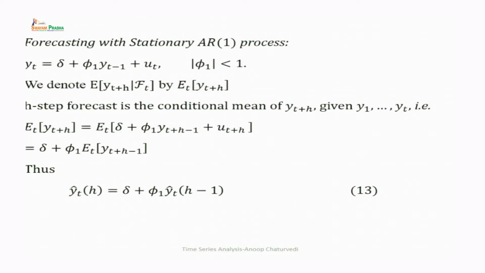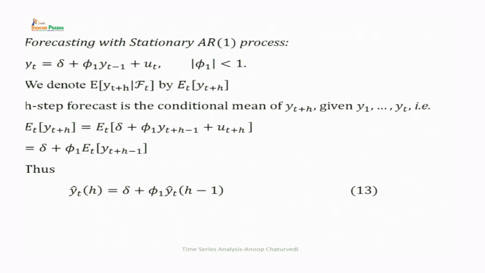So, your process is y t equal to delta plus phi 1 y t minus 1 plus u t, and we assume that the process is stationary, so mod of phi 1 is less than 1. Then F t is the information set up to time t, and just for convenience we denote the expectation of y t plus h given F t by E t of y t plus h. So, these two are the same.